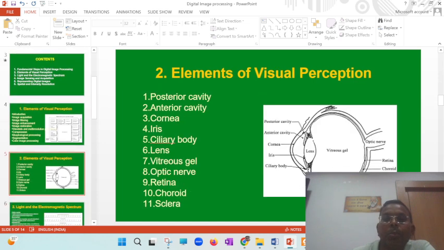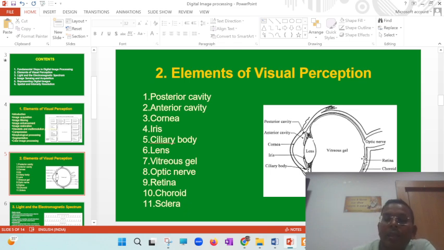Coming to the next point, elements of visual perception. In nature, the eye works as an acceptor, like an image processing system. What happens when light passes through the lens of the eye? It is accepted by the retina, and the retina works like the small pixels of a camera.